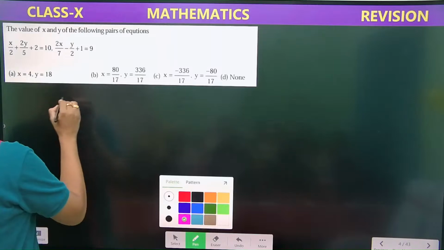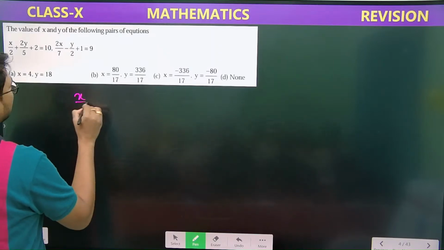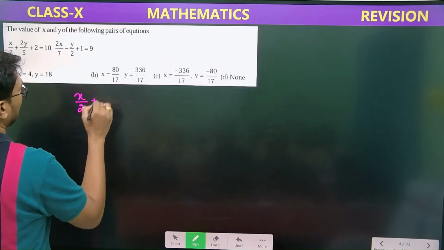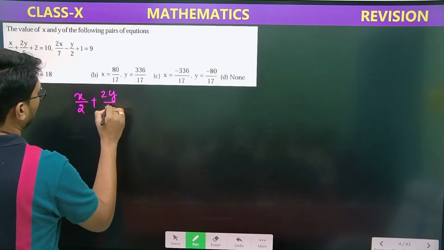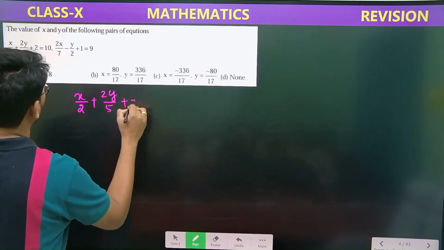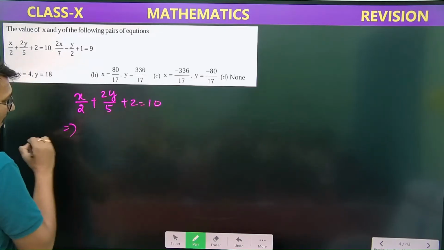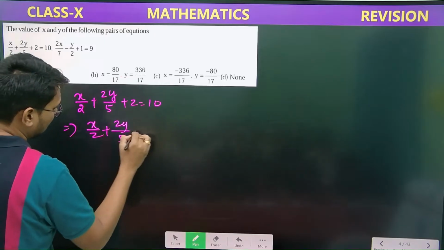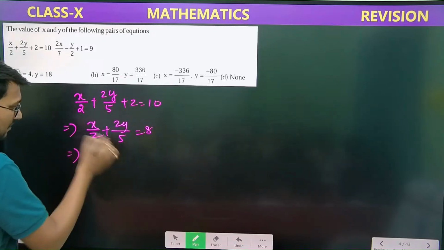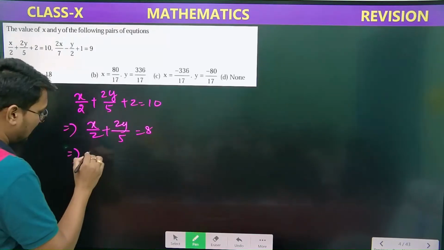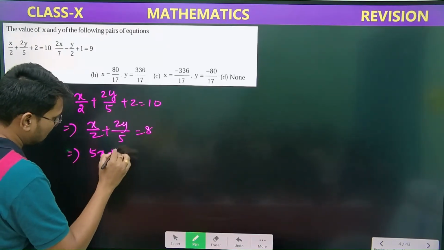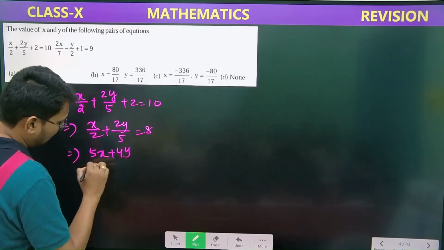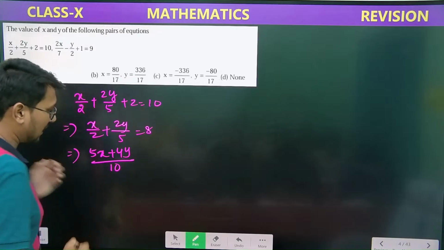Here is the solution. See, the first equation is given: x by 2 plus 2y by 5 plus 2 equals 10, which implies x by 2 plus 2y by 5 is how much? 8. Okay, LCM kya? 5x plus 4y by how much? 10, 10 is LCM.